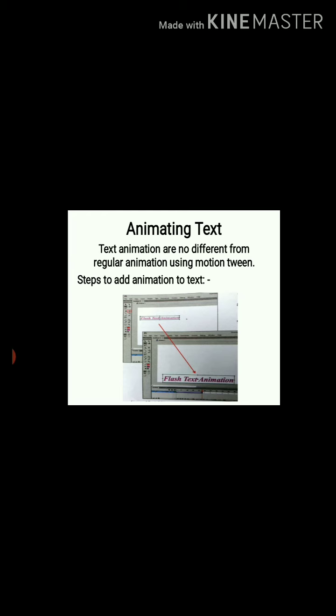Next is animating text. Text animations are no different from regular animation using motion tween. Steps to add animation to text. Select the File menu, New. The New Document dialog box opens. Select Flash document in the Type box, click on the OK button.